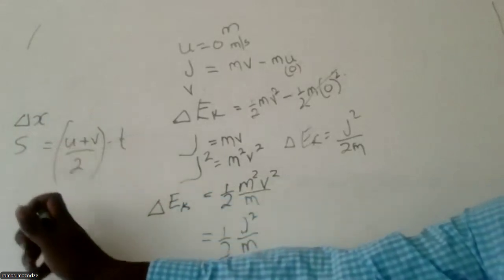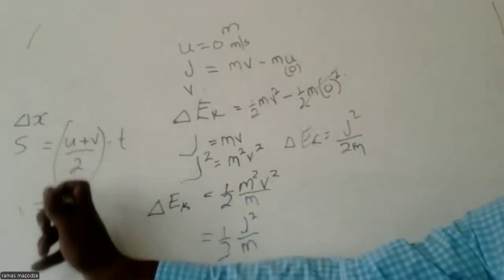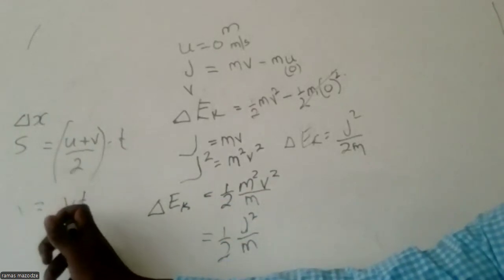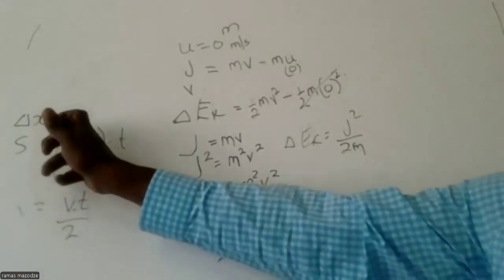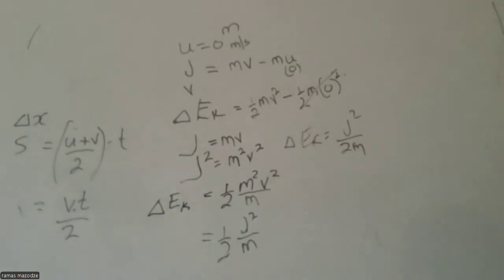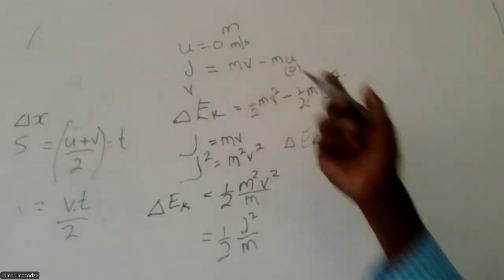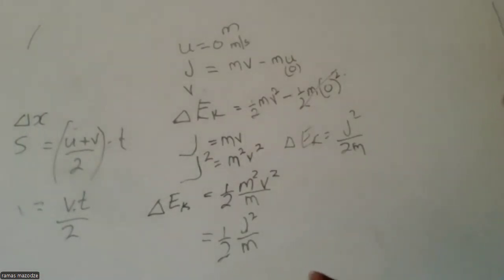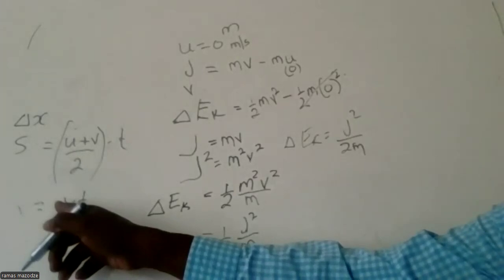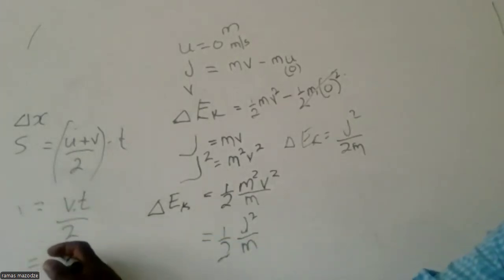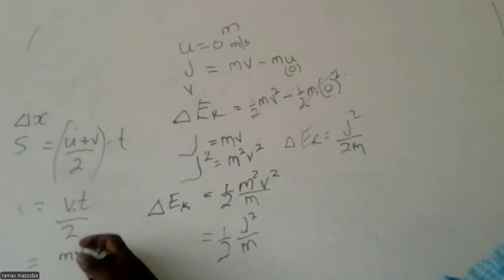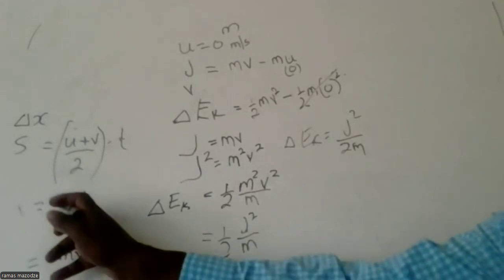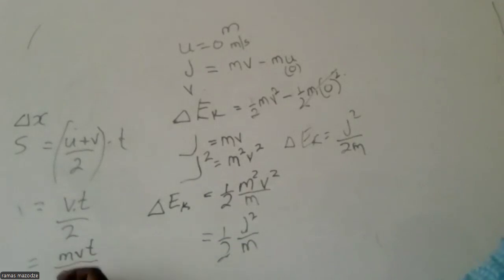The initial velocity is 0, so the displacement is going to be v times t over 2. And your J is mv, so I must divide by m to get to the original.